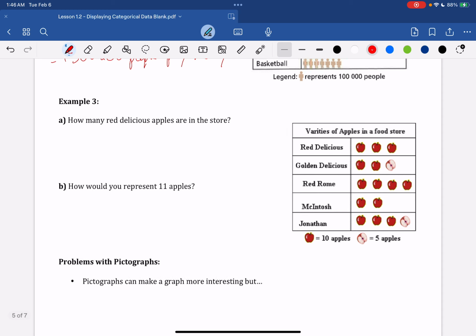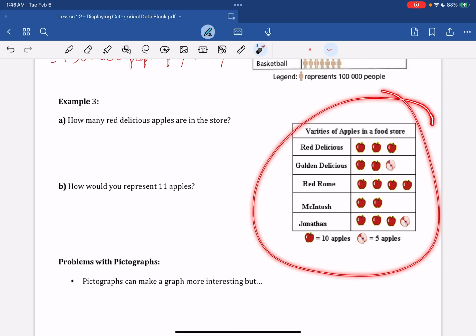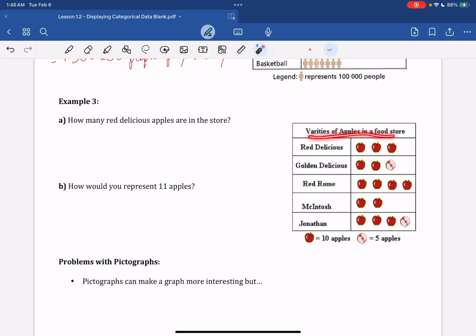Next example that we're looking at here, how many Red Delicious apples are in the store? So I look over here, start to understand it's apple varieties found in a store. Here are my categories, and over here are my actual frequencies. I see that a whole apple represents 10 apples, and a half apple, half of a whole, obviously represents 5.